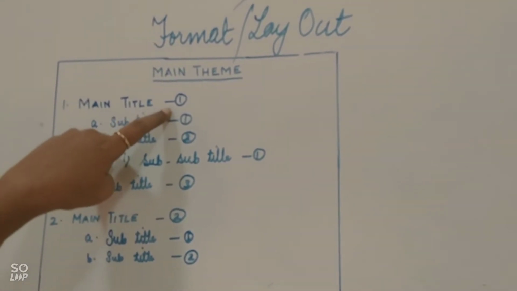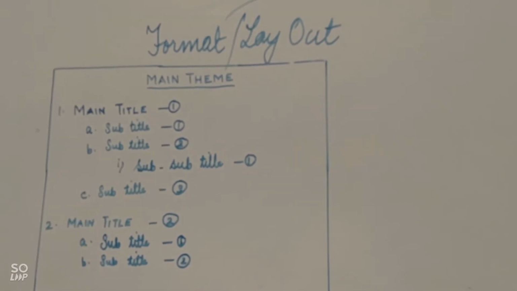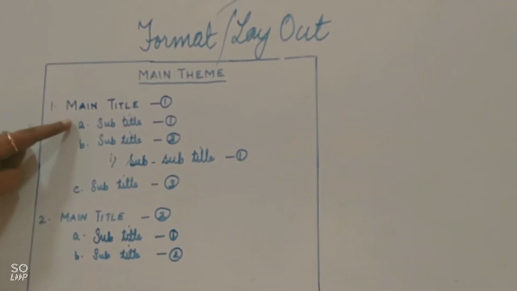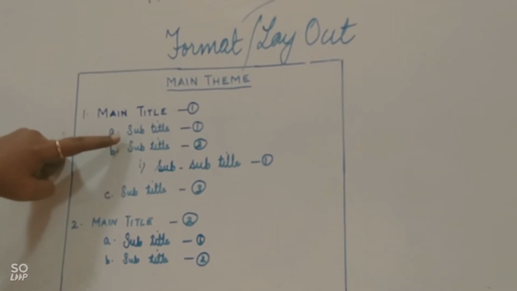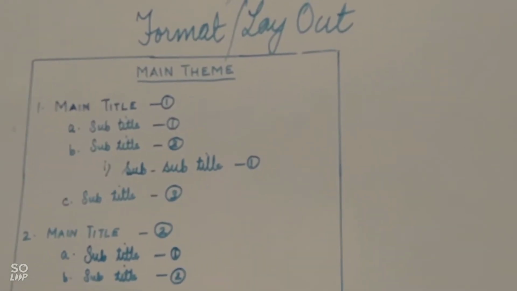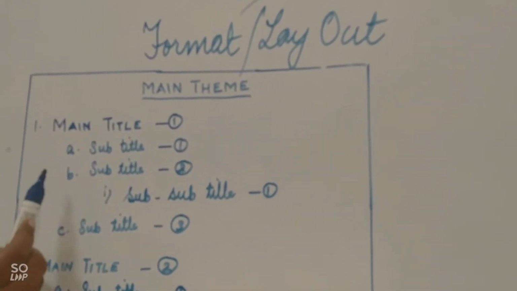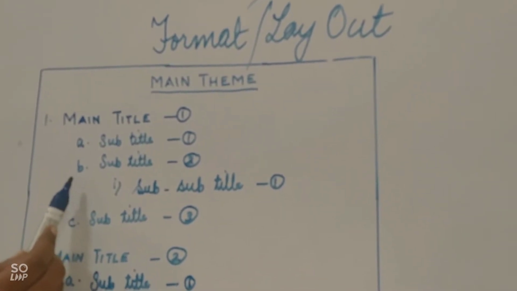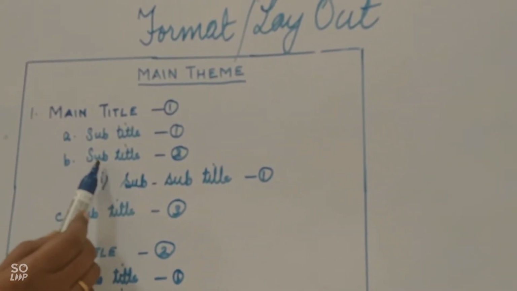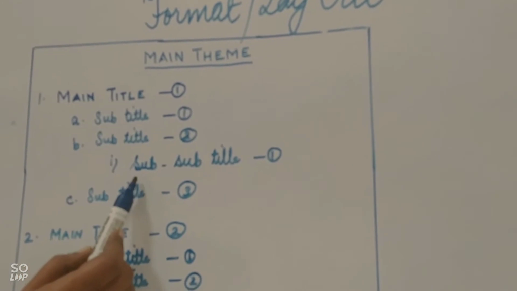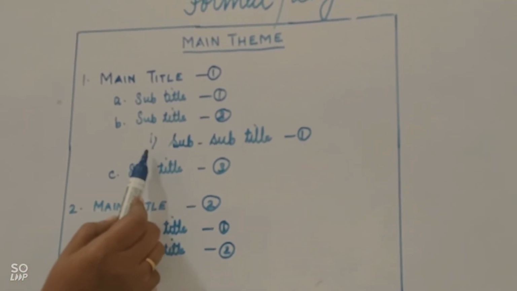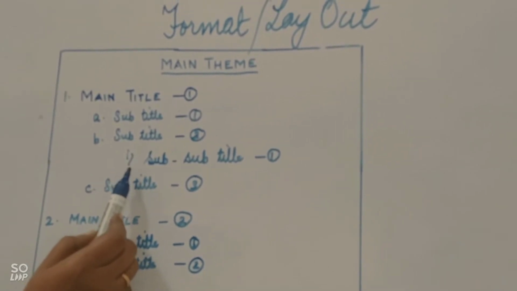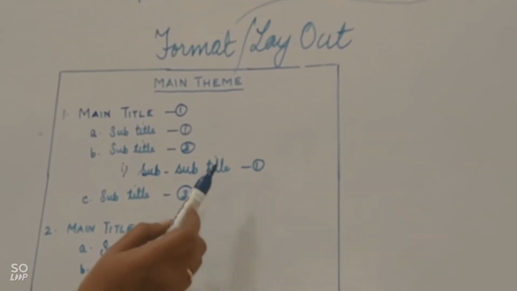That is going to be the first main title. That main title will have supporting titles. That becomes a subtitle, and the subtitles have to be given A, B. And if any of these subtitles have a subtitle, you have to give another indentation for that subtitle.